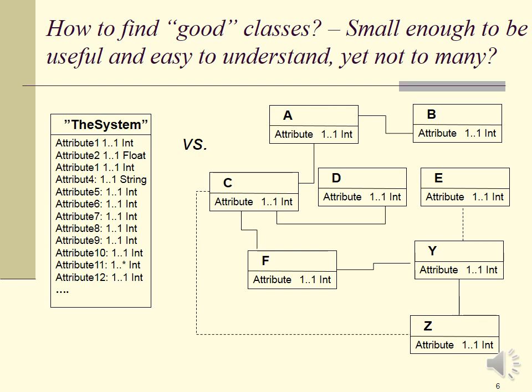So I've tried, in this slide, to contrast one enormous class called the system with 10 million very important attributes. That is of course not good. That's not a good conceptual schema, with one enormous class in it. But it's also not good to have very small classes with perhaps only one attribute each, and then very many of them: A, A1, A2 and so on, down to Z something.